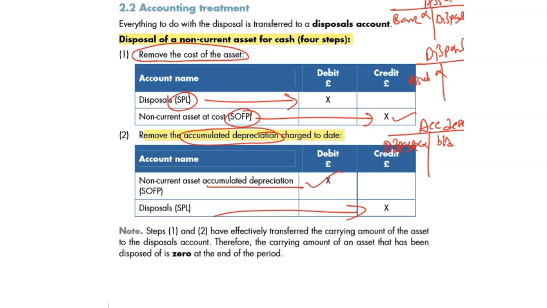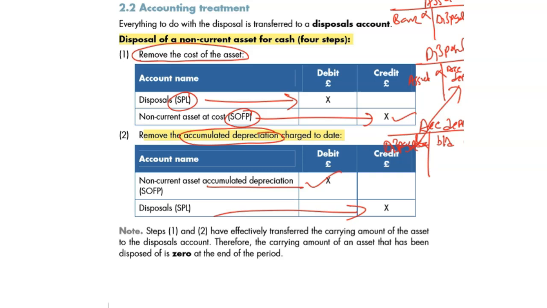So in the disposal account, accumulated depreciation account is debit. Your disposal account is going to be credit. That's how you do the double entry. Opposite account's name you write in detail.